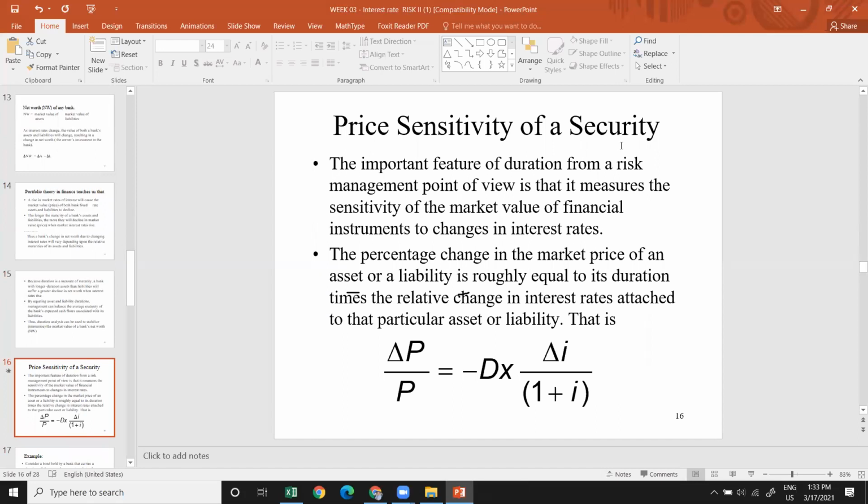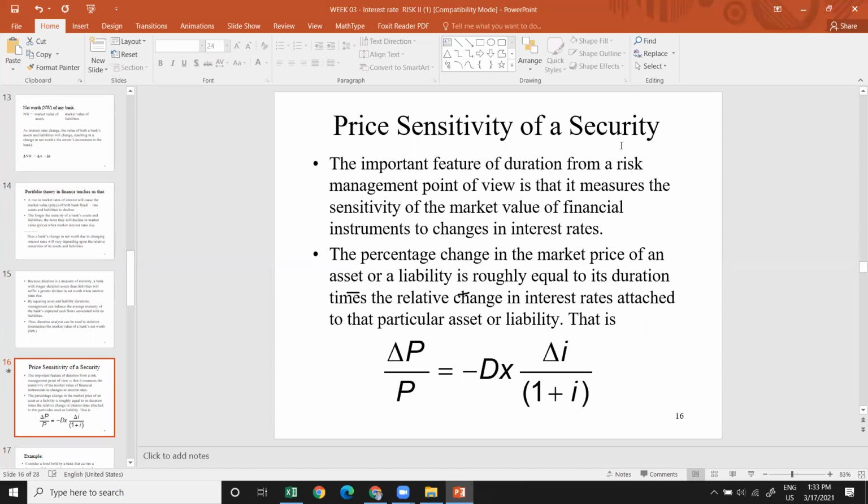Okay, there are some ratios that can be used to see the price sensitivity of a security. The important feature of duration from a risk management point of view is that it measures the sensitivity of the market value of a certain financial instrument to changes in interest rates.